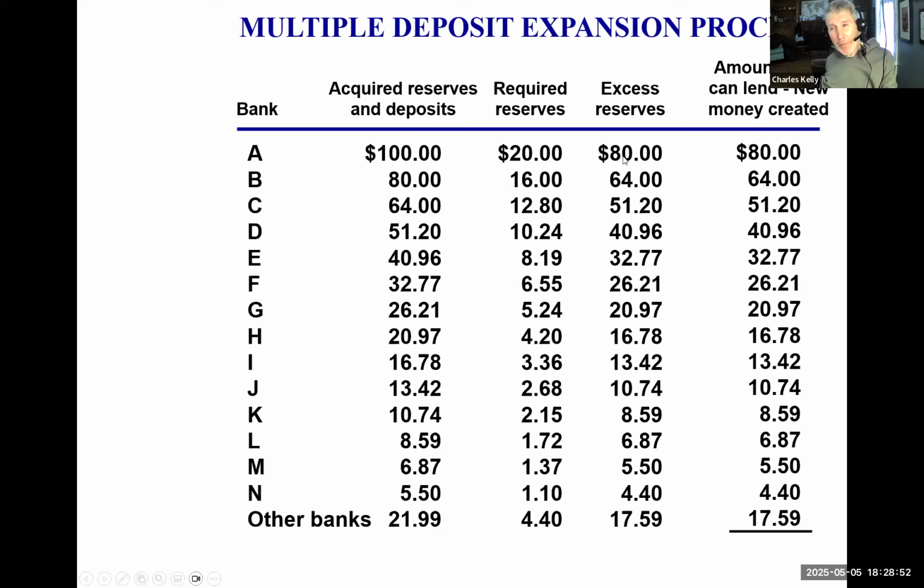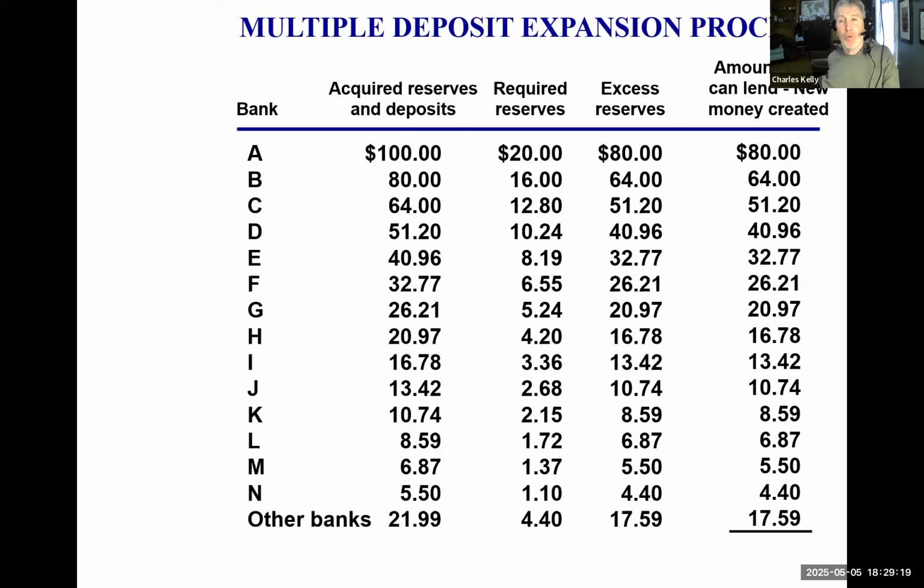Let's assume they make an $80 million loan and that customer turns around and gives it to his construction company, because they're going to have a giant facility built. And then that customer takes the 80 million and deposits it in Bank B. Well, now Bank B has 80 million in new checkable deposits. They can't lend it all out. They can lend out 80% of it, or 64 million.